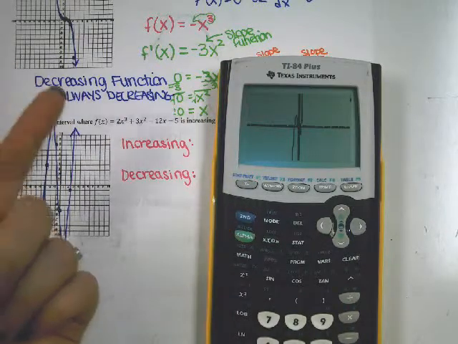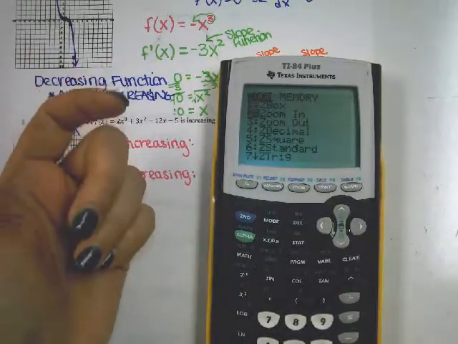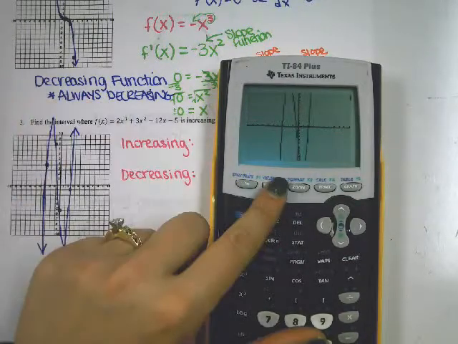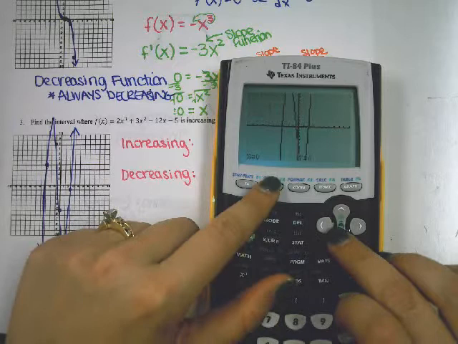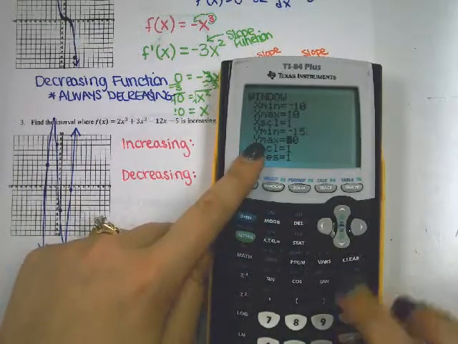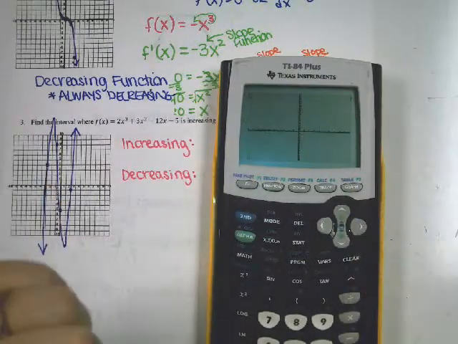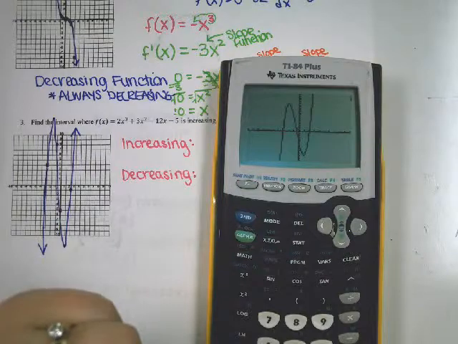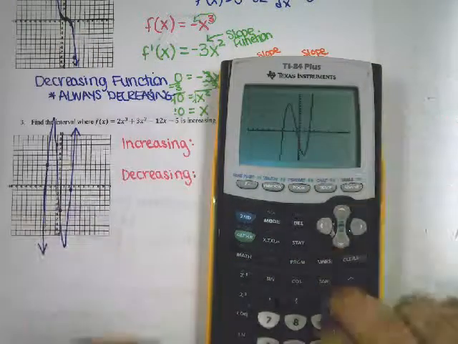Now we're probably zoomed a little too far out, so zooming in is probably a little better. However you prefer. If you want to, you could change your window also. So you could go to your window and look a little lower and a little higher. And then you can go back to your graph. Depending on how fluent you are with your calculator, trying to see it is a good idea.